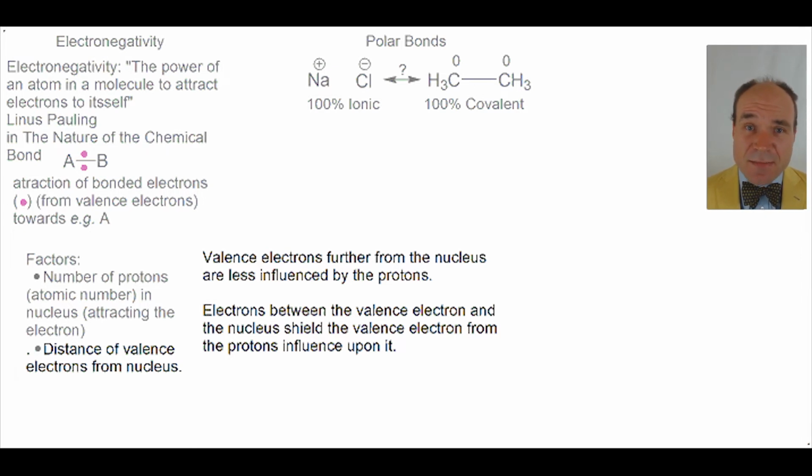So we need to think about the number of protons. We also need to think about any electrons in between our valence electron and the proton. So this is very well summarized, and we can spot the trends more easily within a periodic table.